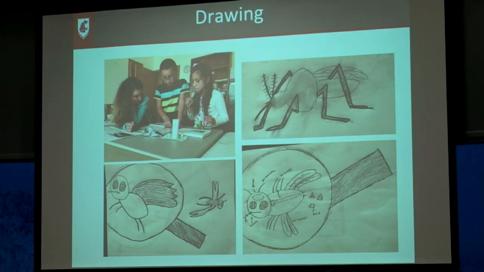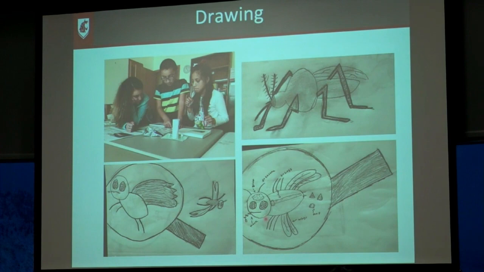And here are some examples you can see next to these kids that are working on their drawings. The ones on the bottom I love because they were given magnifying glasses, and some of the kids chose to include the magnifying glass in the drawing. So you can see here the small mosquito, and then here it is enlarged by the magnifying glass.